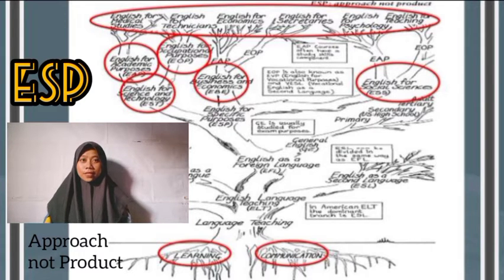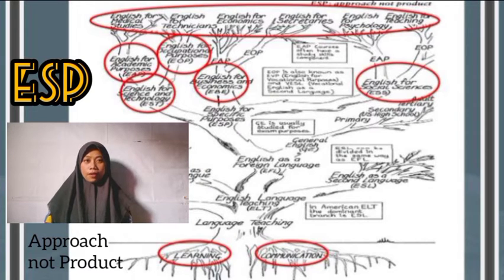Then the second material talks about ESP as an approach, not a product. The ELT tree diagram shows that ESP is only a branch of EFL or ESL, where the main branch is ELT in general. ESP is not a language product but a way of teaching language with specific and clear reasons for learning.